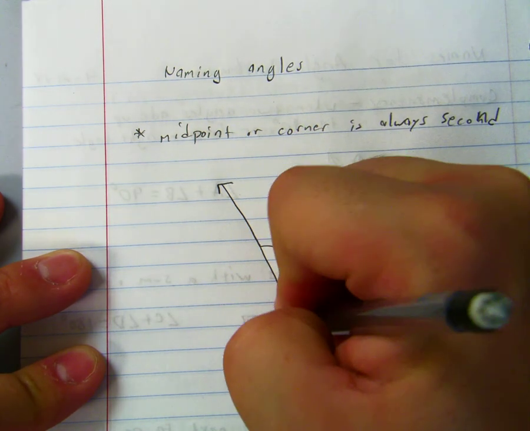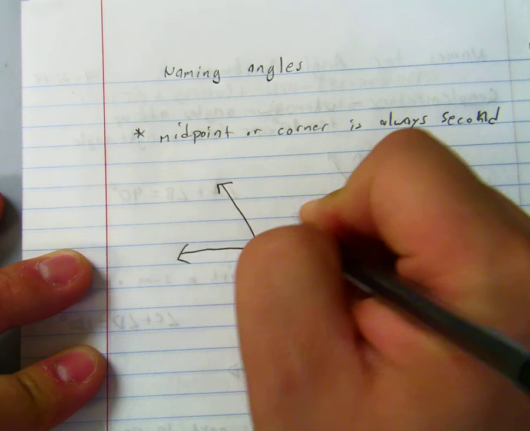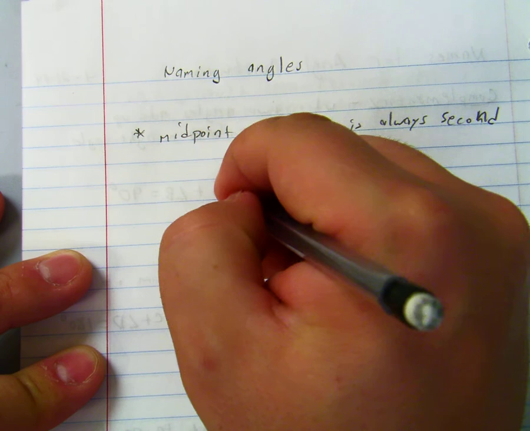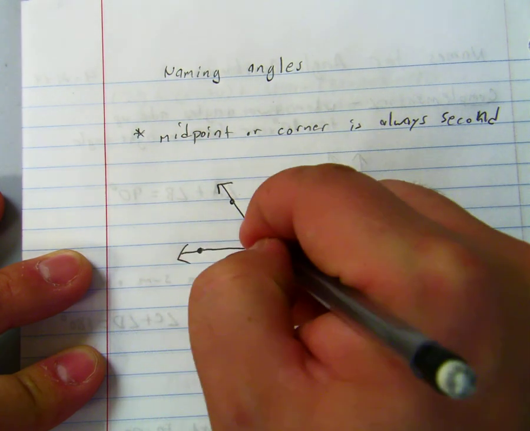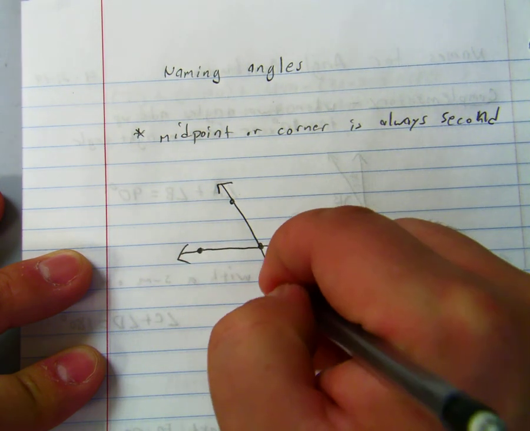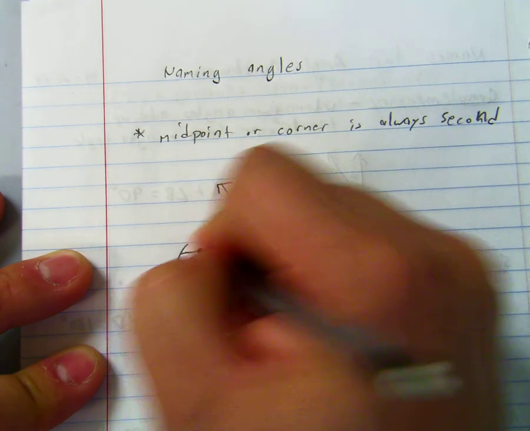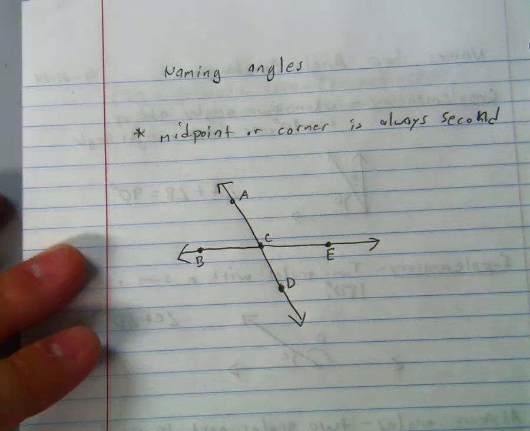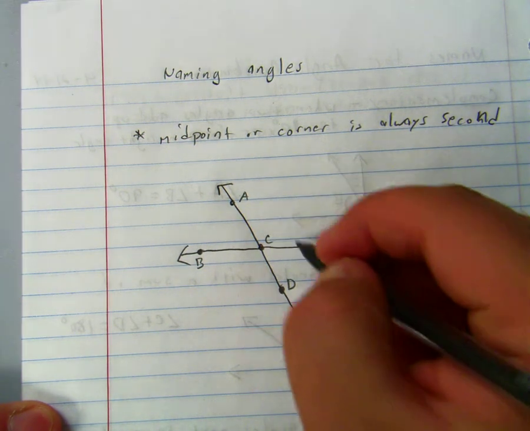So I have this line here and this line here. I'm trying to find this angle right here. So I'll call this A, B, C, D, and E. So I have points on all of these.